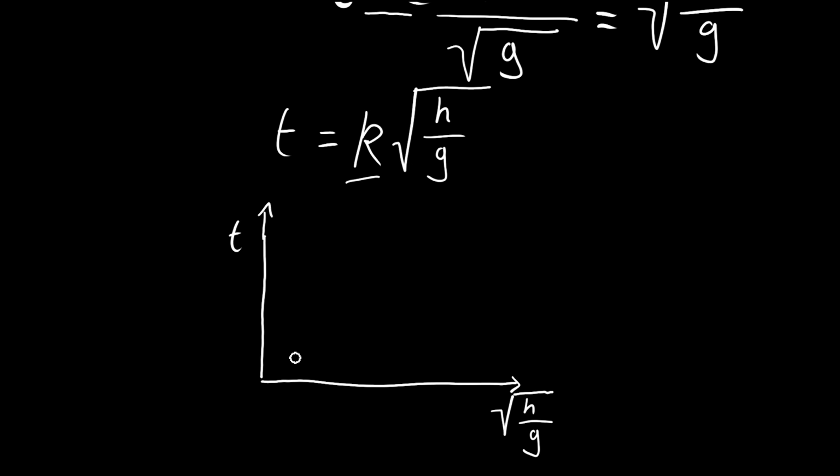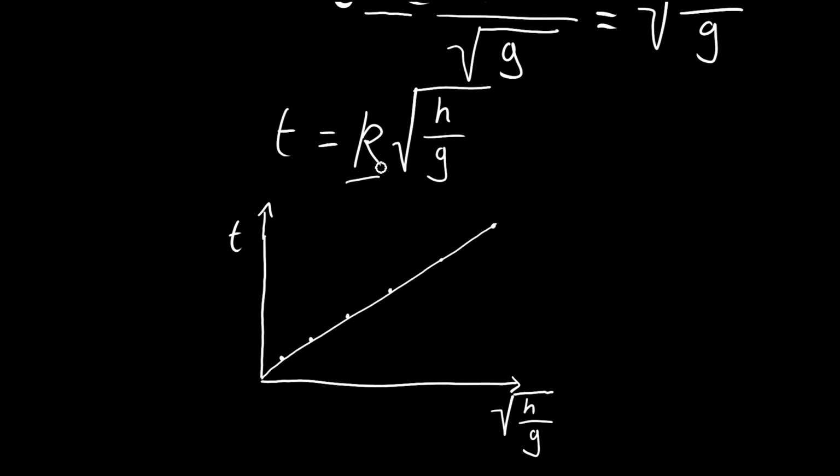And as we drop the ball from a number of different heights, over here this would represent a larger value of h, so a larger height above the ground, and over here we would have a lower height above the ground. And we should get plot points looking something like this. And it will be a straight line going through the center here.